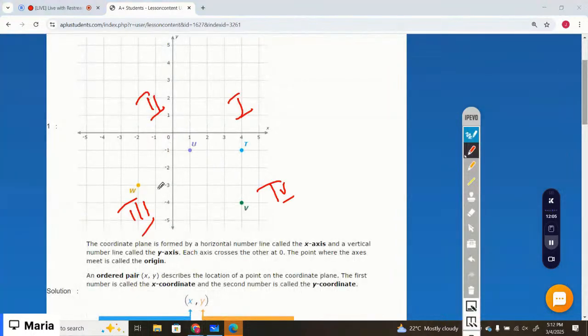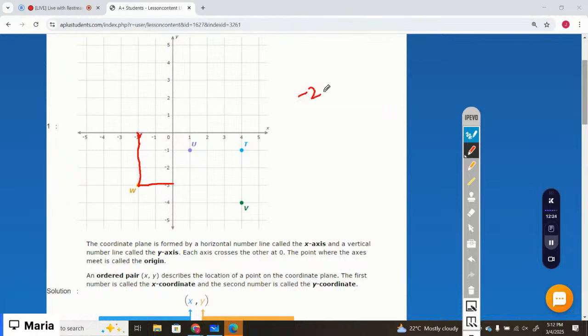So here is the point W. Any point on the coordinate plane is formed by a horizontal number called the x-coordinate and a vertical number called the y-coordinate.